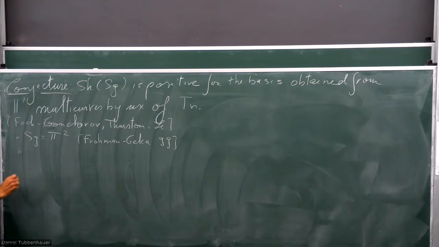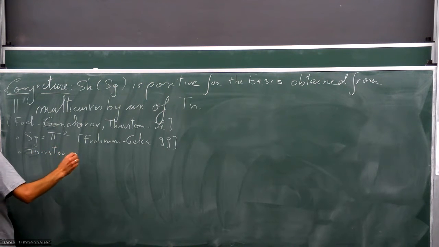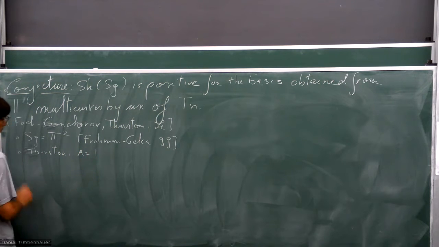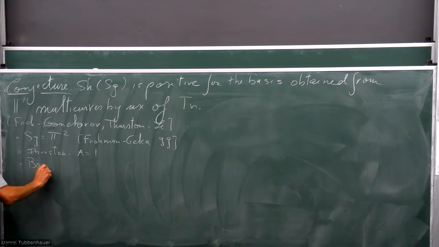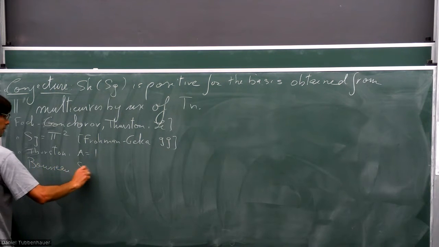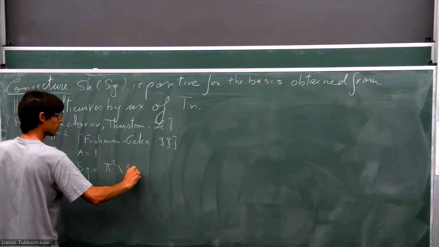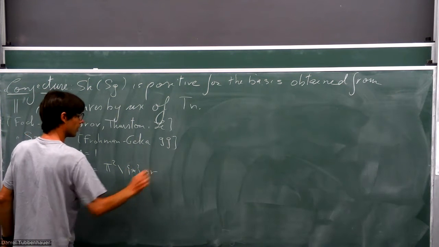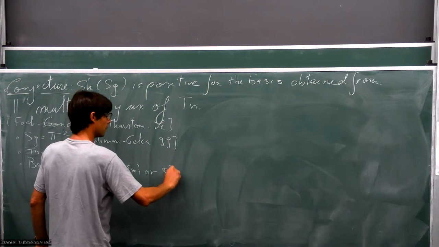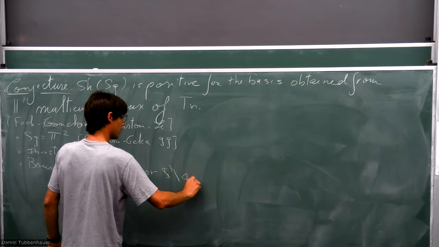Then Thurston proved it for any surface. Then Bousseau did the case of R^3 minus 4 dots.